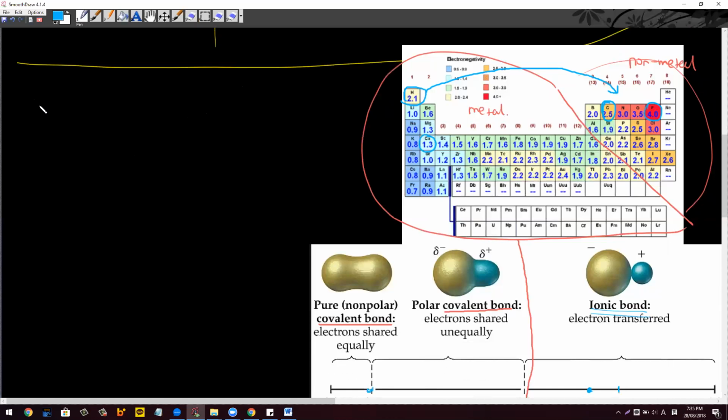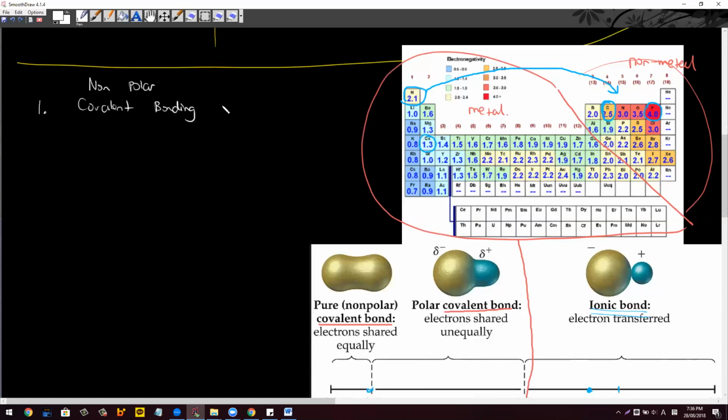So we have number one, covalent bonding. So this one is non-polar. The polar is when one side is positive and the other side is a bit negative.